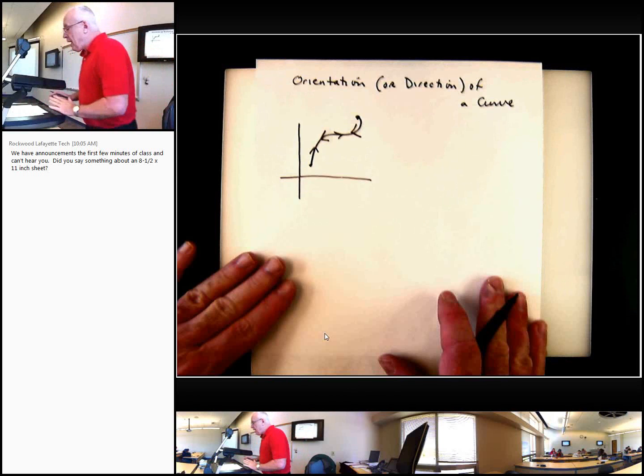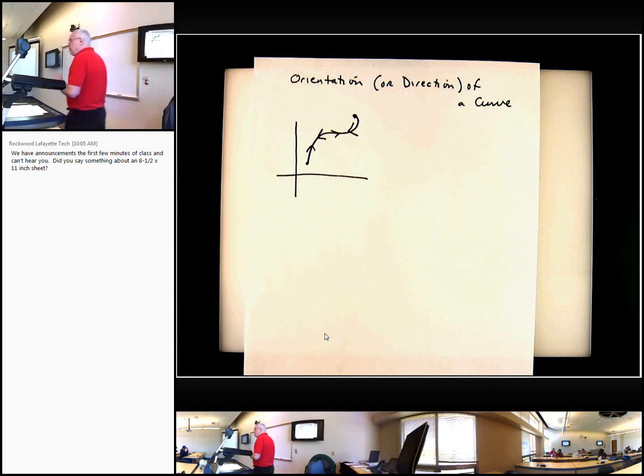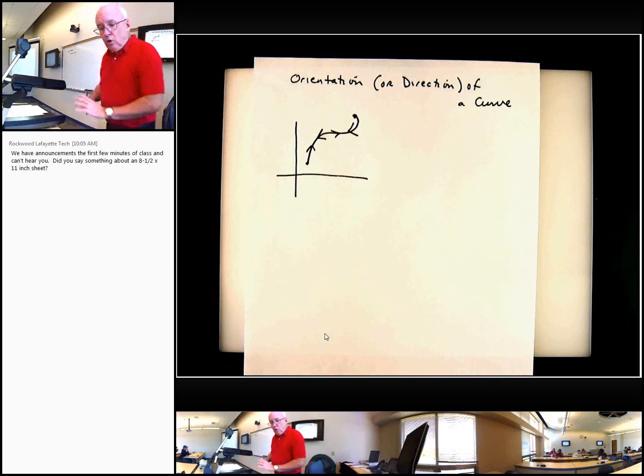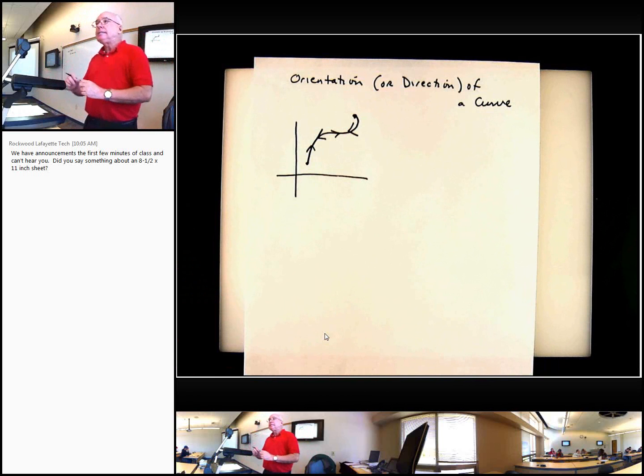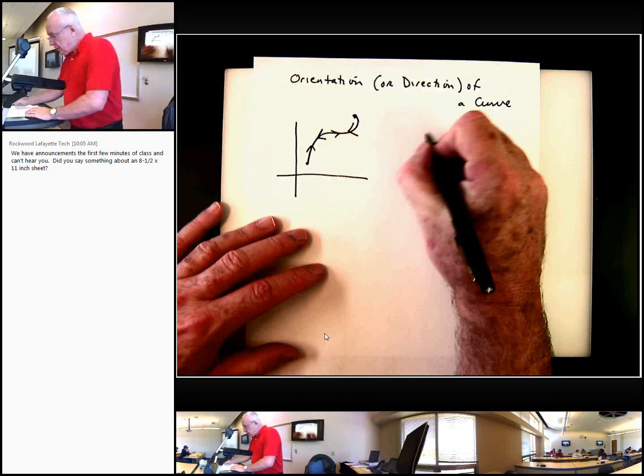Now, if we have a parameterization of our curve, we're going to assume that the direction we're going is in increasing values of t. So let's say this.